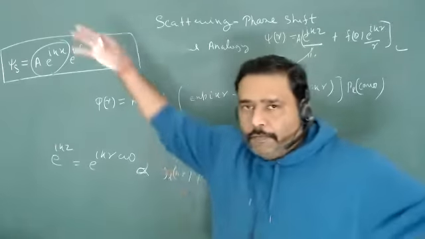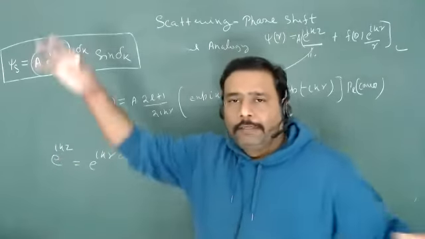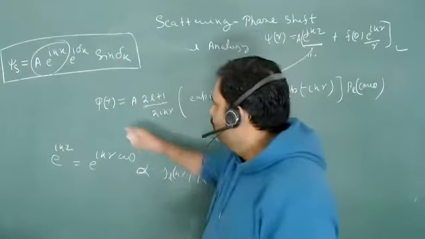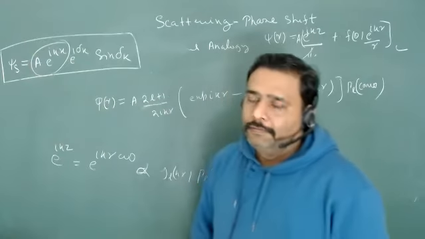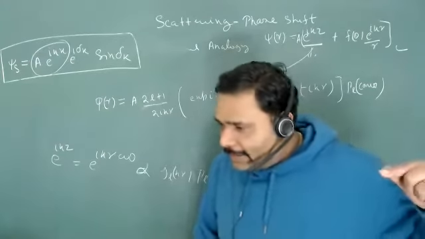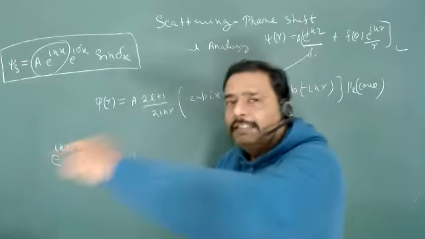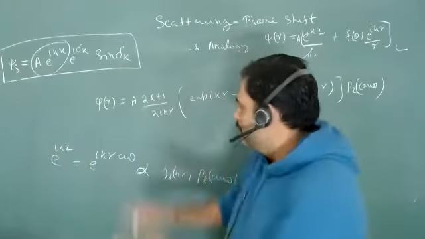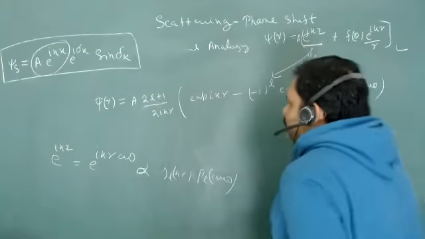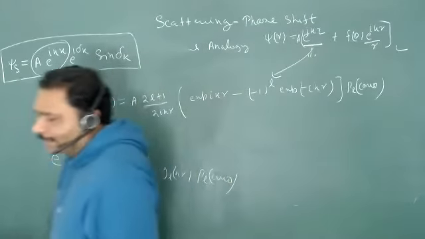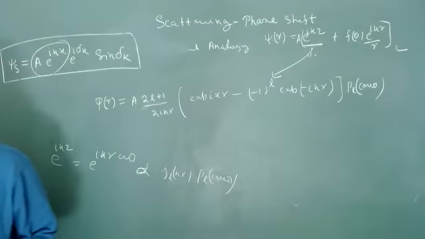So it can come from all possible theta. So this is your incoming and outgoing wave. This is your e to the power i kz. It looks like just going like this in a Cartesian coordinate, but in a spherical polar coordinate, it looks like this. So you have to appreciate this thing. Are you able to appreciate this one?